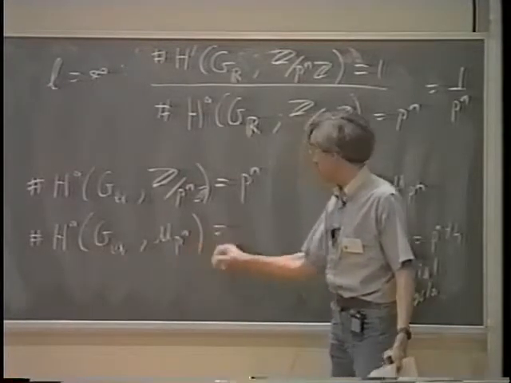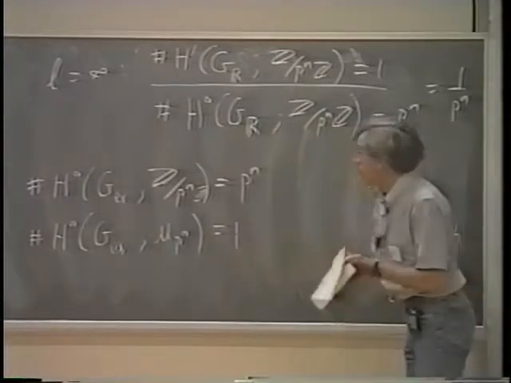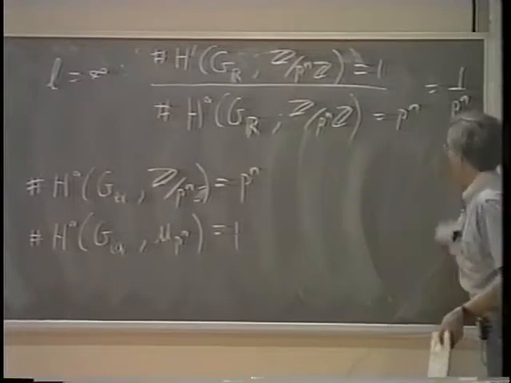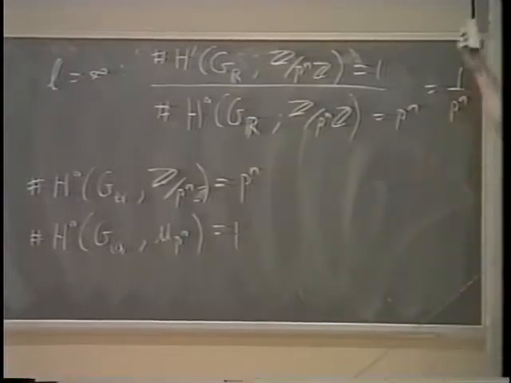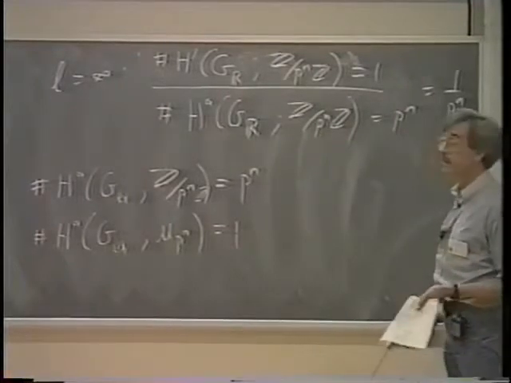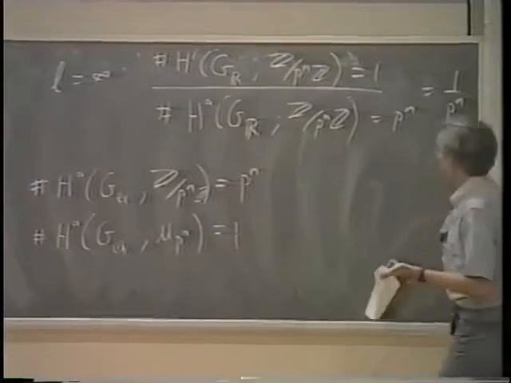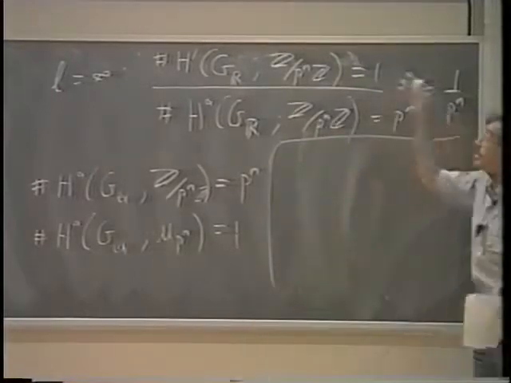P's odd, so there aren't any. So it's 1. There's 1. So we've evaluated everything on the right. See, the right-hand side is much easier to get hold of than the left. The left is something that, well, it's not very intuitive. But we'll interpret it in just a second.